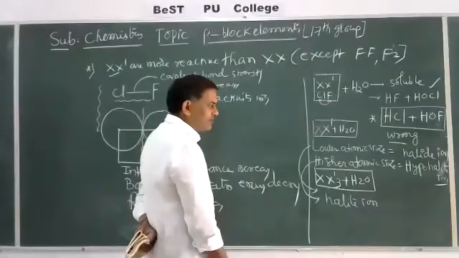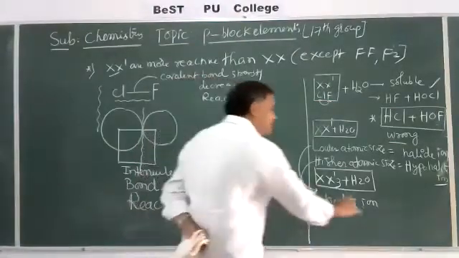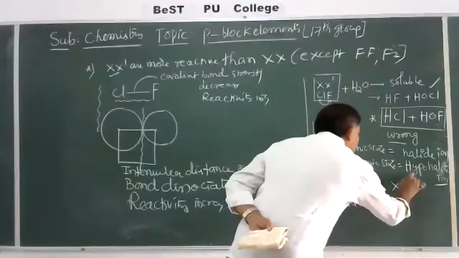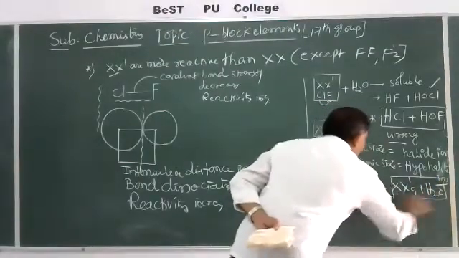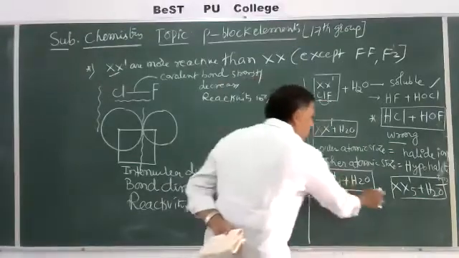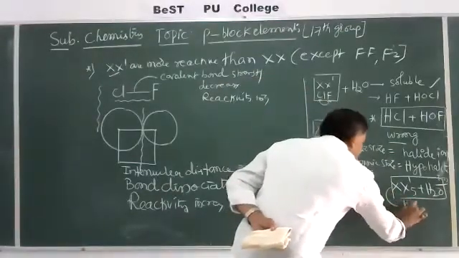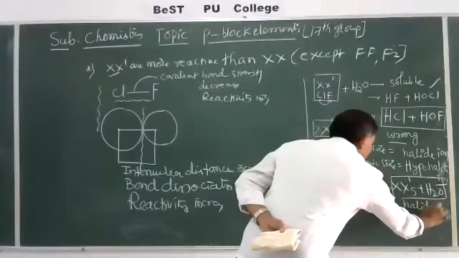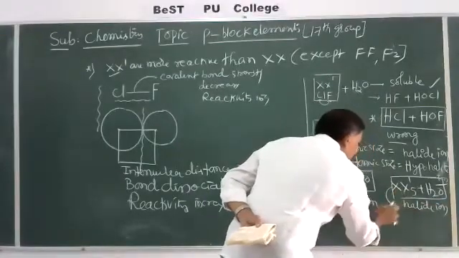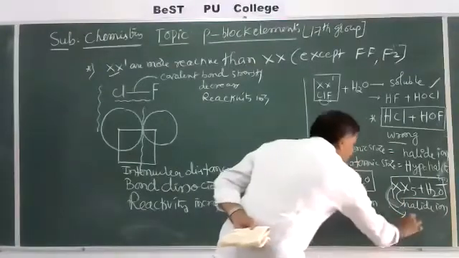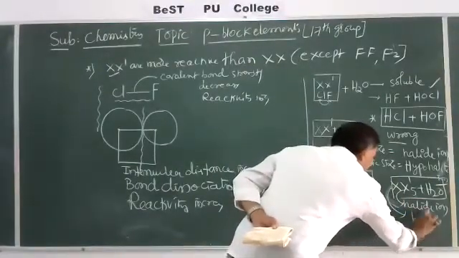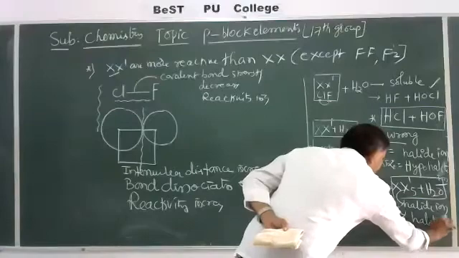I'll give the examples, don't worry. If X X'5 is reacted with water, with the same combination, the lower is common, that is the halide ion, but here the higher halogen atom gives the halate ion.